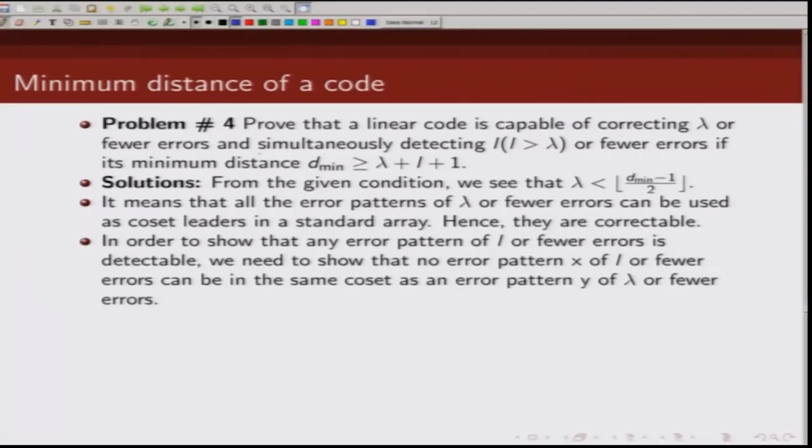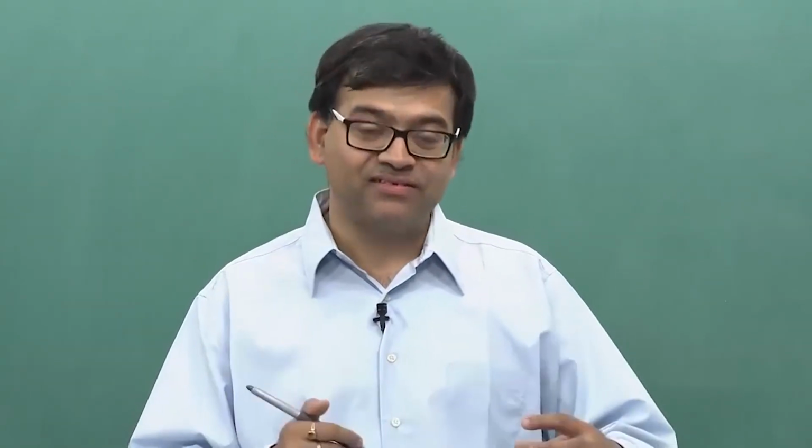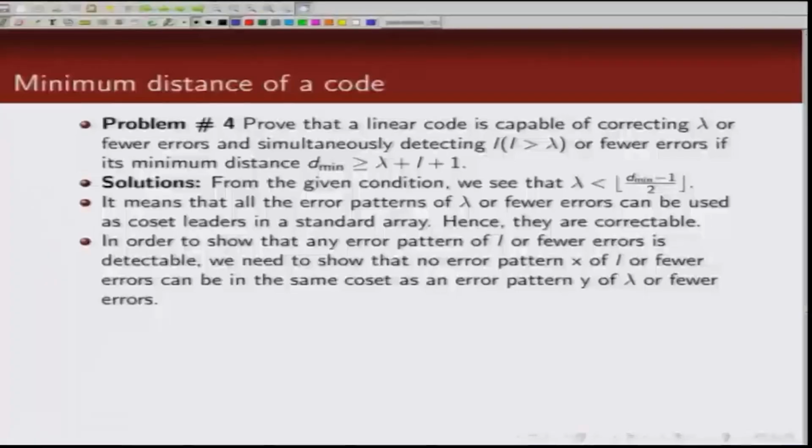Next, to simultaneously detect L errors, we have to show that none of these error patterns of weight L or less are in the same coset as these error patterns of lambda or fewer errors. So, we need to show that no error pattern x of L or fewer errors is in the same coset as error pattern y of lambda or fewer errors.